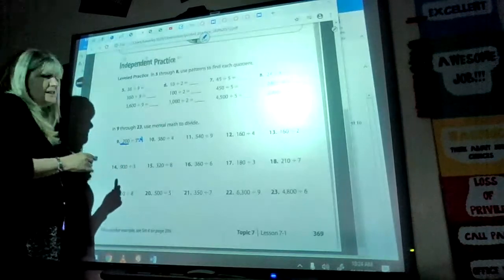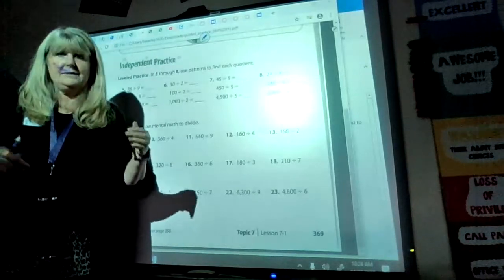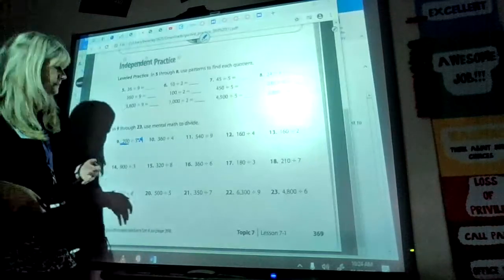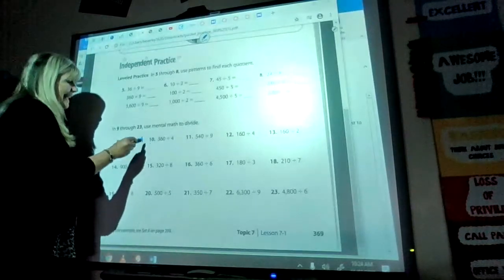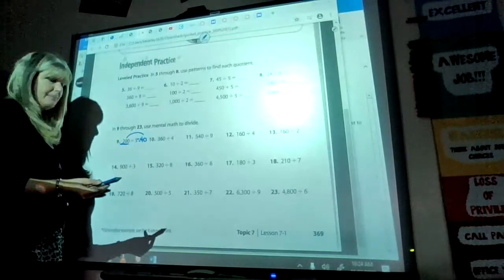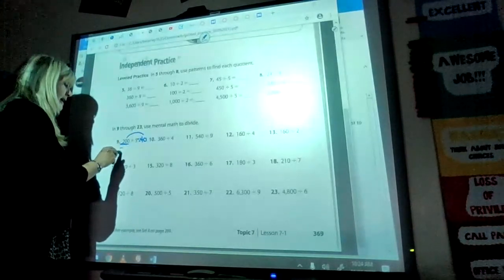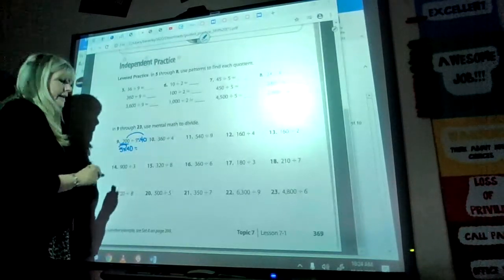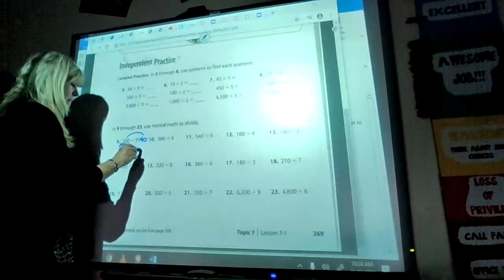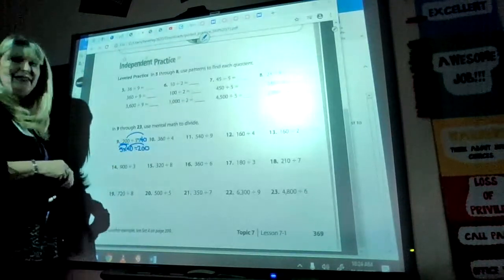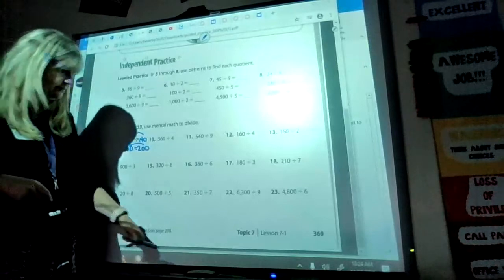But it's not just 4, because 5 times 4 is 20, and I want something that's going to give me 200. So I know that I have to add that extra 0 over here. Now I can check myself by saying, okay, 5 times 40 equals, well, I know 5 times 4 is 20. And when I bring that extra 0 over, that gives me 200.